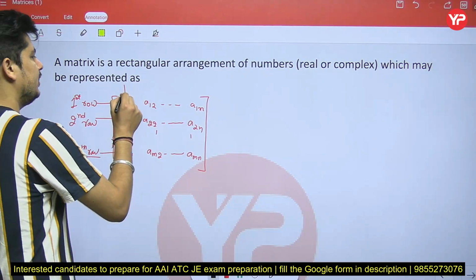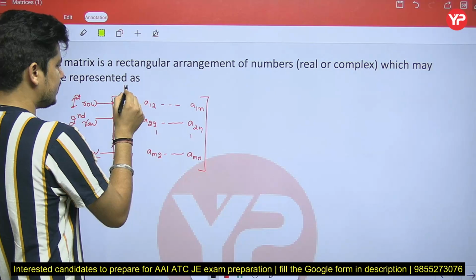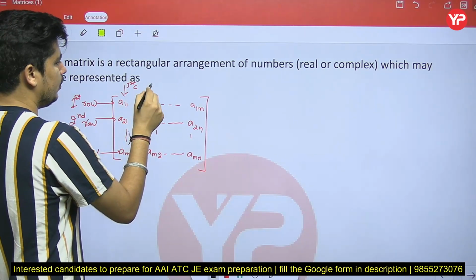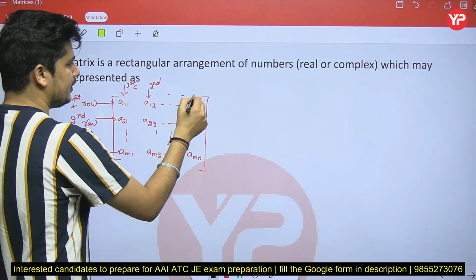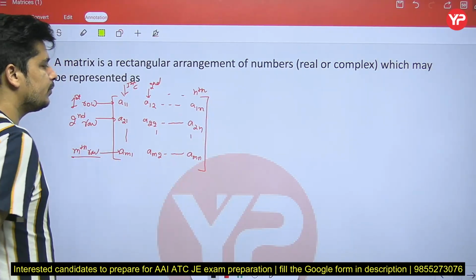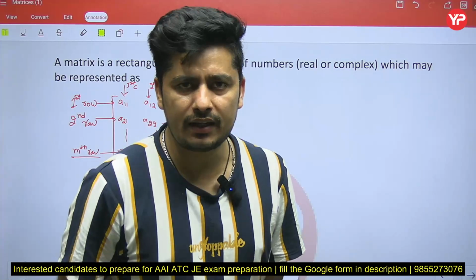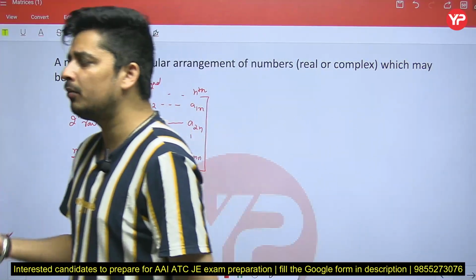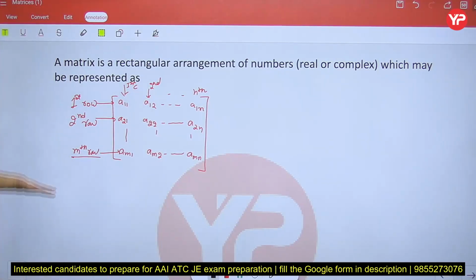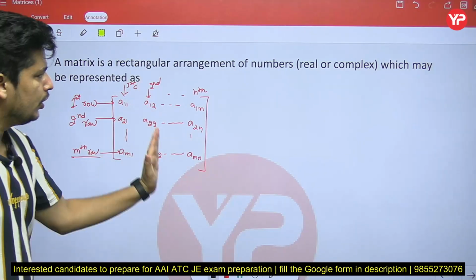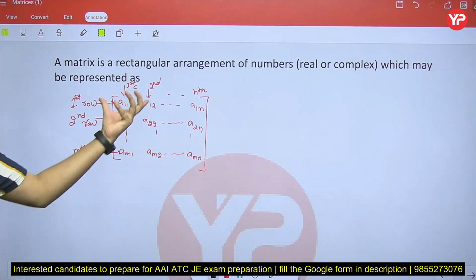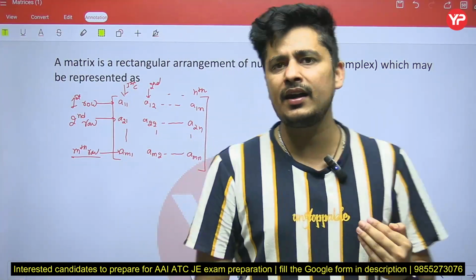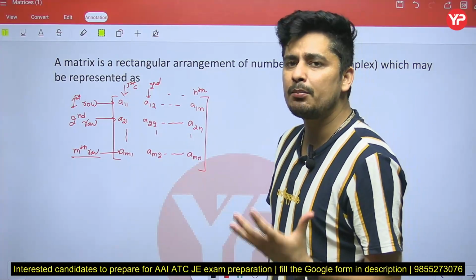And this represents the columns: the first column, second column, and this represents the nth column. So whenever you represent a matrix, it is an arrangement in the form of rows and columns, right? The matrix I am showing here has n columns and m rows.